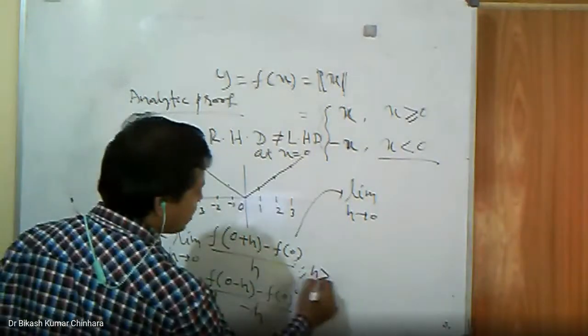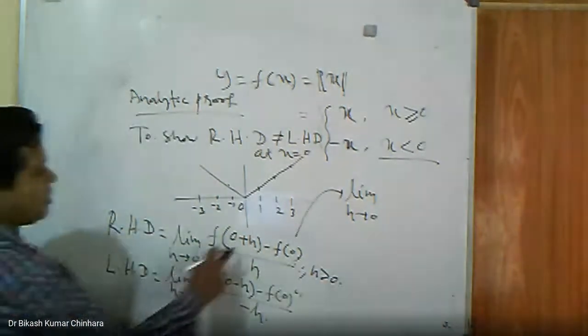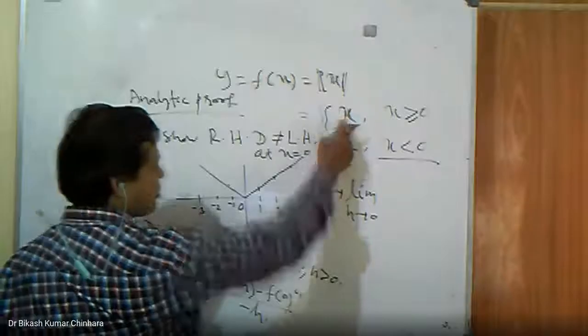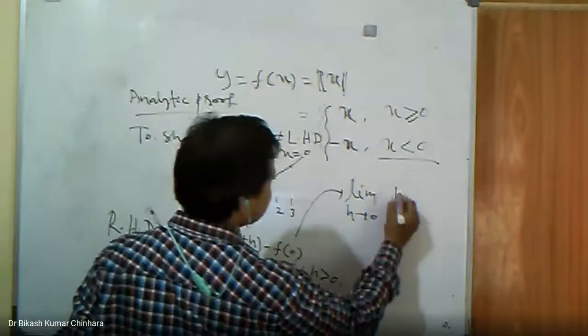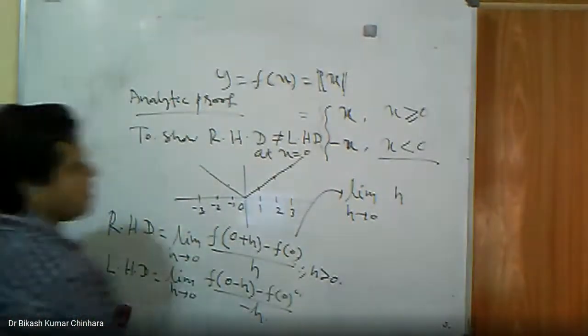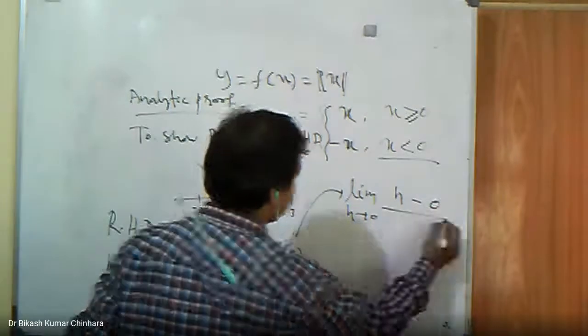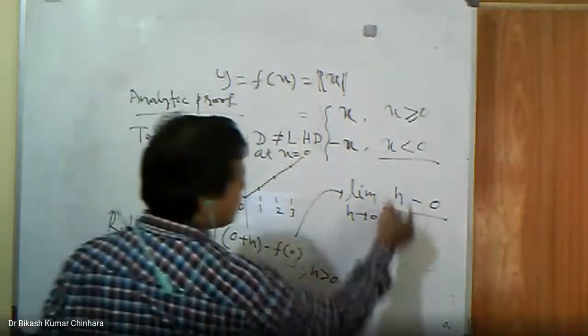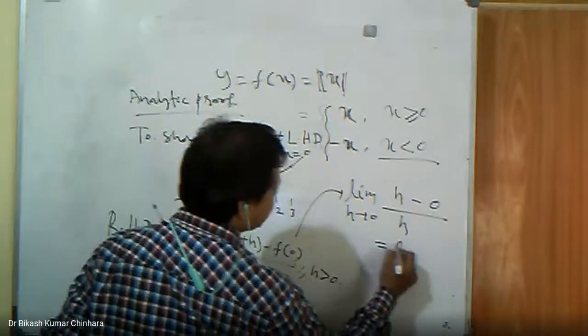H is always greater than 0. So the argument is a positive quantity, so it will be h. Then f of 0 is 0, divided by h, so h gets cancelled, and its value will be 1.